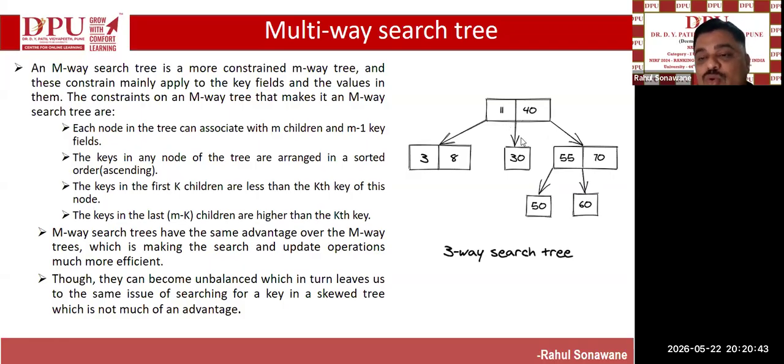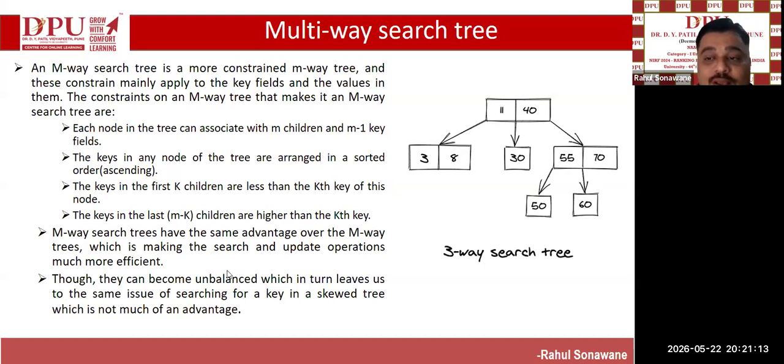Therefore, the node with value 30 is kept in between these two. So the rule is that the keys in the first k children are less than the kth key of the node. And the keys in the last m minus k children, like 55 and 70, are higher than the kth key, like 40. So 55 and 70 are greater than 40.